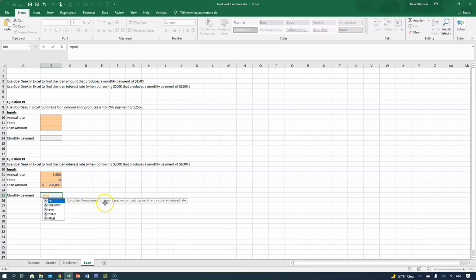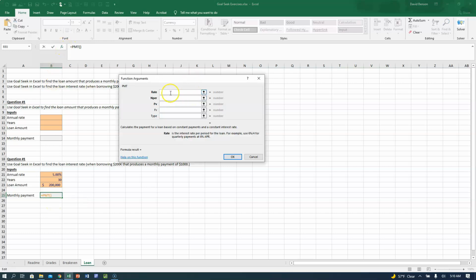This calculates the payment for a loan based on constant payments and a constant interest rate, like a fixed term and fixed rate mortgage. I'm going to click on that payment. It's got a rate, the number of periods, and then the present value is how much you borrowed today.